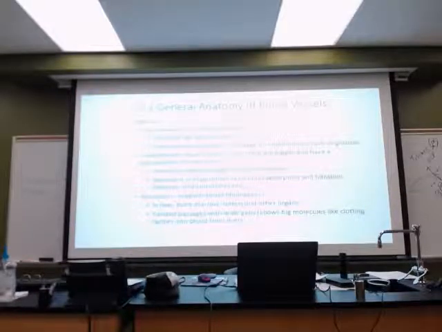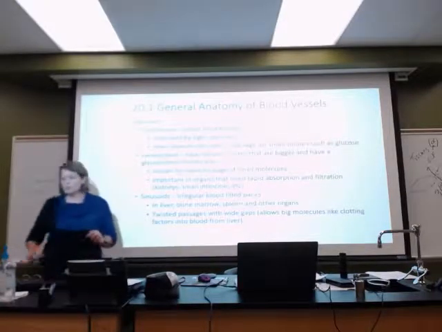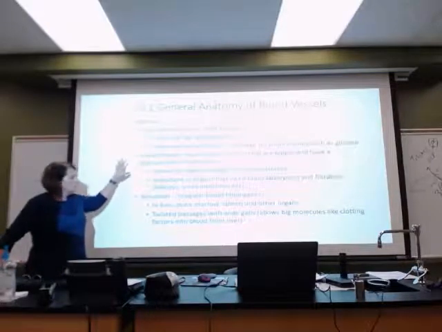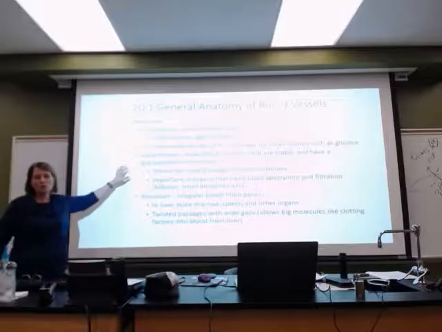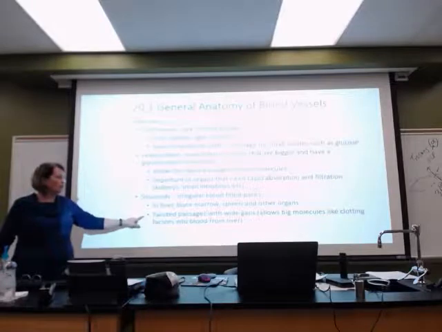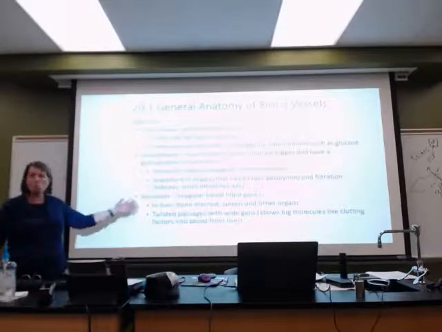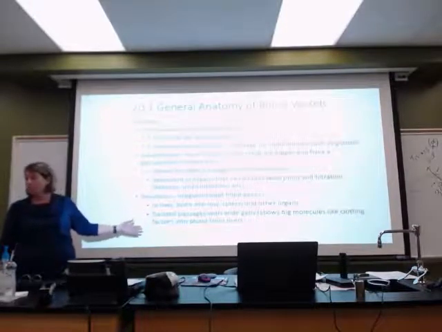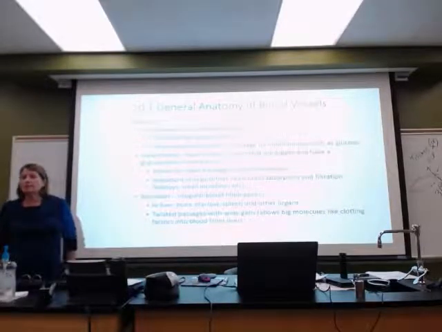For example, in these other ones right here, we do not want an actual red blood cell to pass. We don't want a protein to pass. But the liver has the ability to do that. So we would want the movement of a big particle, like a protein or a red blood cell, to pass for the liver to break it down.